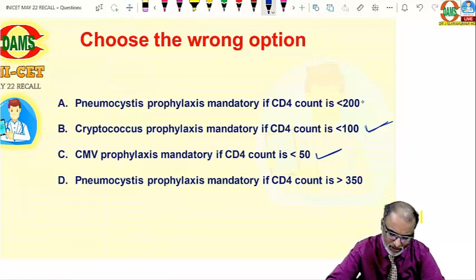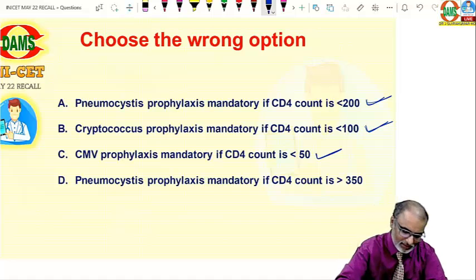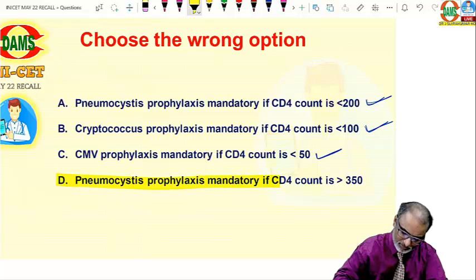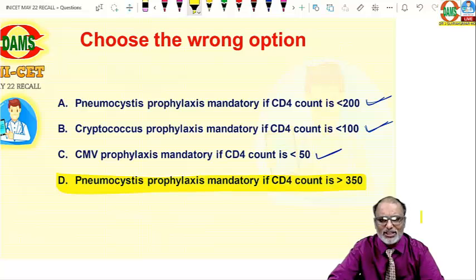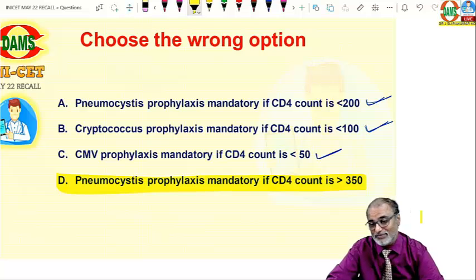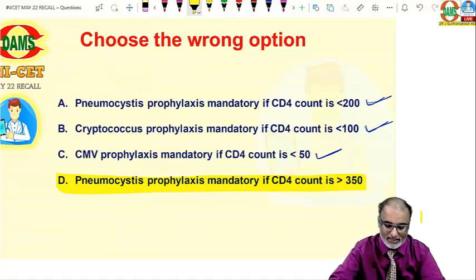Less than 200, pneumocystis. And the wrong answer is pneumocystis prophylaxis mandated if CD4 count is more than 350. No, if the CD4 count is more than 350, 99% there is no need for any chemoprophylaxis. Usually where it is less than 200, you need a lot of chemoprophylaxis, because at that CD4 count many opportunistic infections will enter.